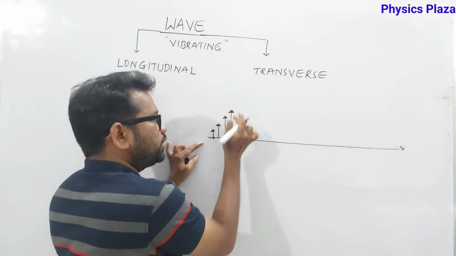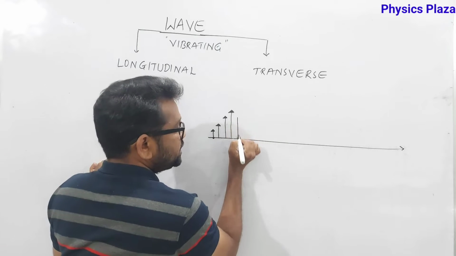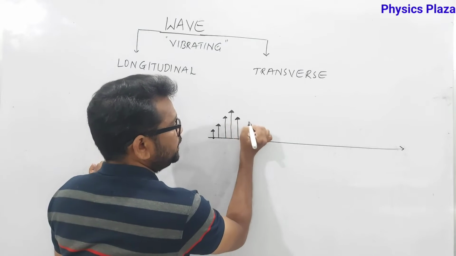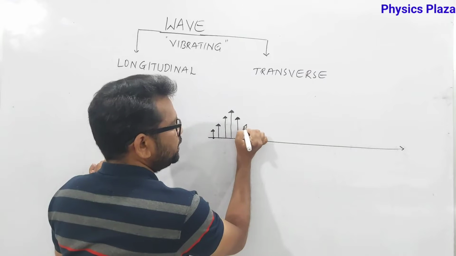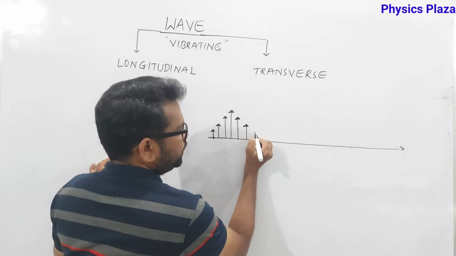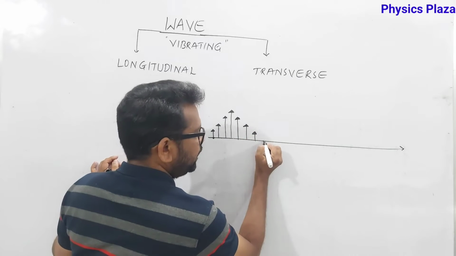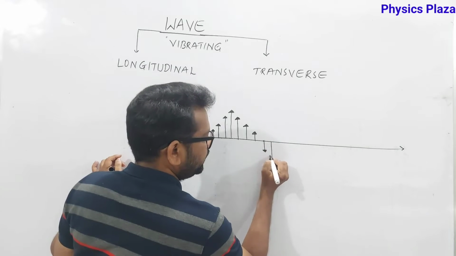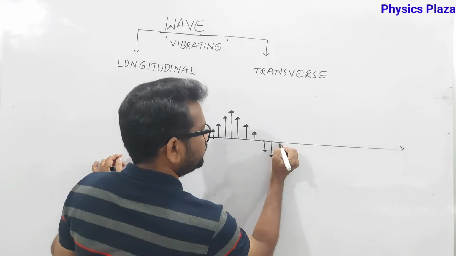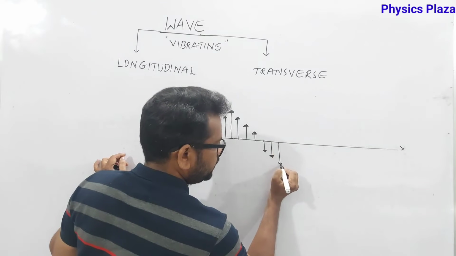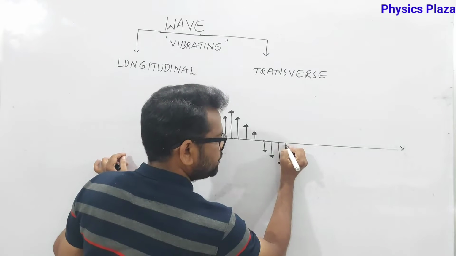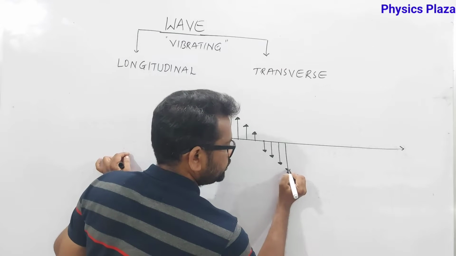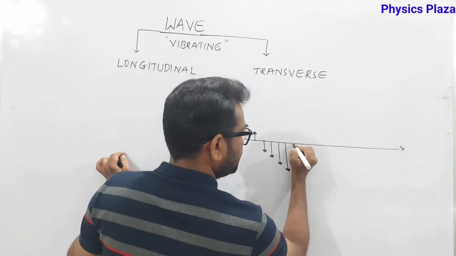It may vibrate from here to here, up to some maximum displacement either up or down. And this molecule may be down like this, and these molecules might be like this. I am just trying to show you the direction.